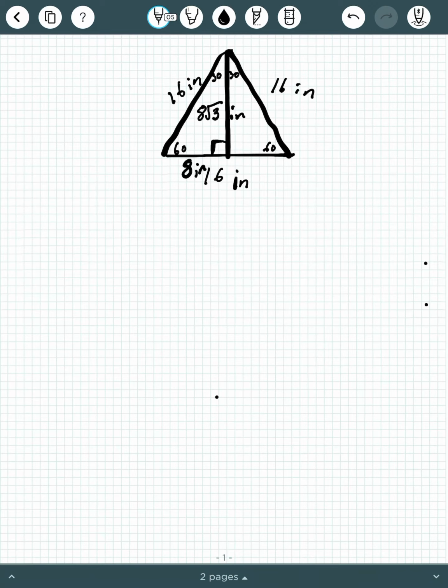So if I want to get the area of that full equilateral triangle, I can take half the base, which is 8 inches, multiplied by the height, which is 8 radical 3 inches, and I see the area of one triangle is 64 radical 3 square inches. So that's one of the faces of a tetrahedra.